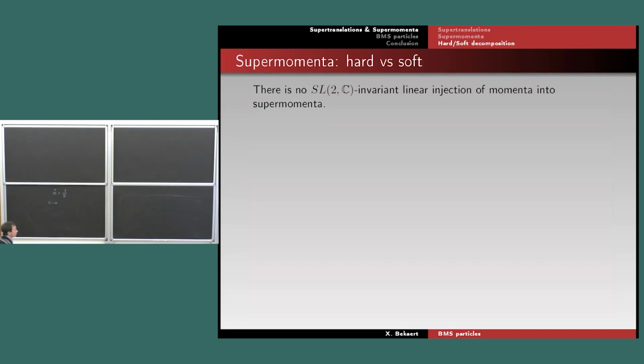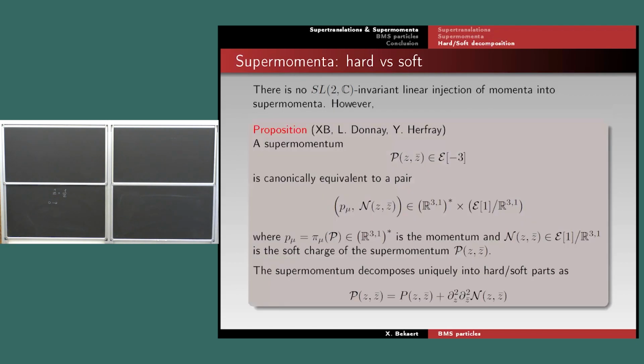Okay, so that's what we want to stress: there is no Lorentz invariant linear injection of momenta into supermomenta. But there is something that exists, and indeed there is a decomposition. The price to pay is that you have to relax linearity, so it will not be a linear map.